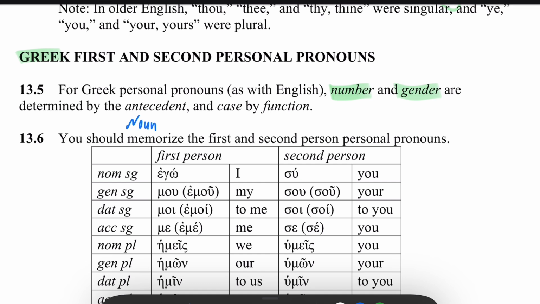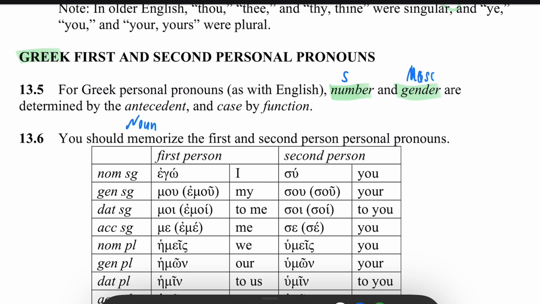So if we say, Tom went to the mall and he bought a candle, he is singular because Tom is singular, and he is masculine because Tom is masculine.